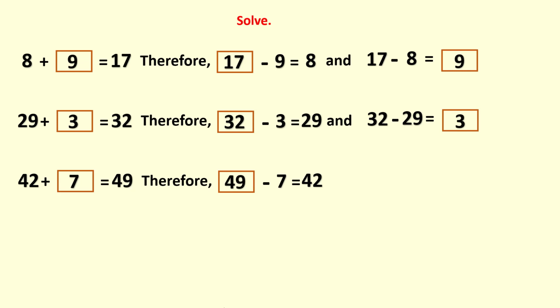These 3 numbers are arranged in order, and 49 minus 42 is equal to which number? 49 and 42 are arranged and 1 number is remaining, and that number is 7. In this way, 49 minus 42 is equal to 7.